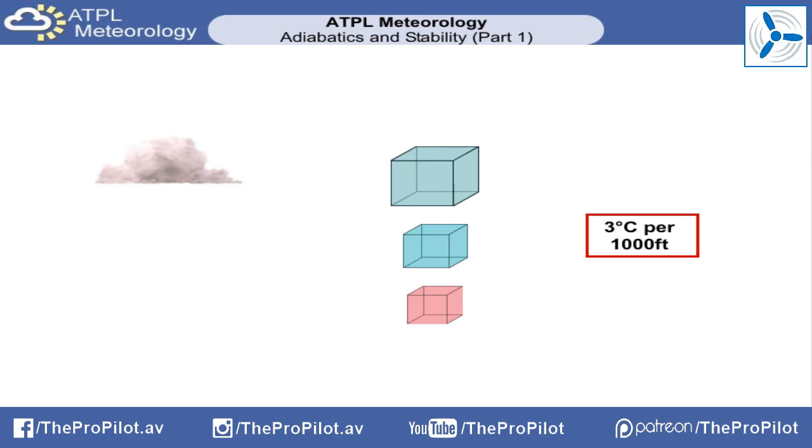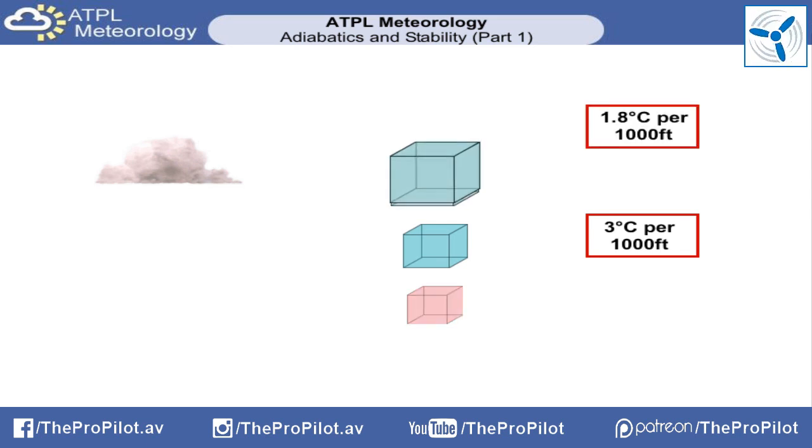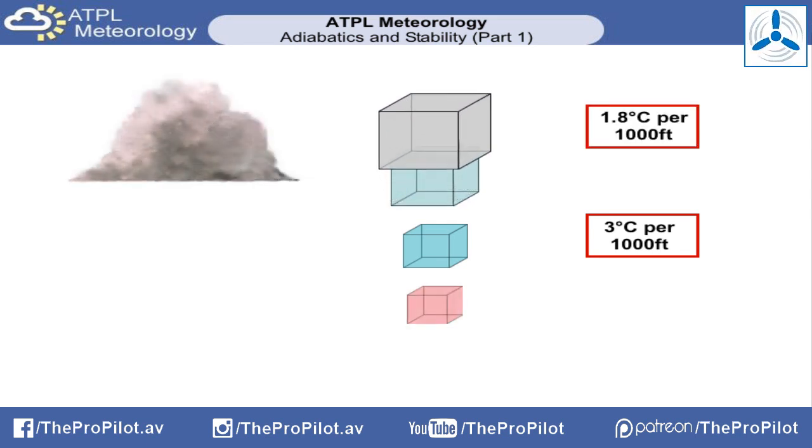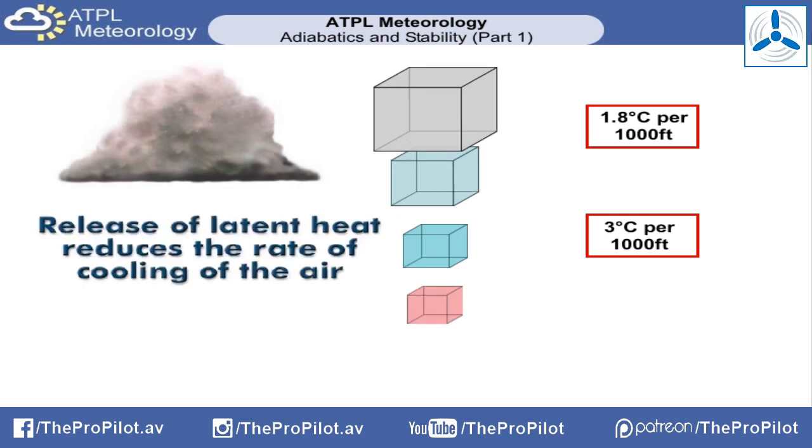If the process of lifting and cooling continues, then more vapour condenses, releasing more latent heat. The release of latent heat has the effect of slowing down the rate of cooling. Therefore, the lapse rate in saturated air, that is cloud, will be very different to that of unsaturated air due to the release of latent heat.